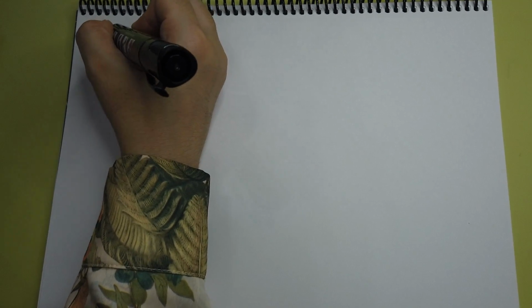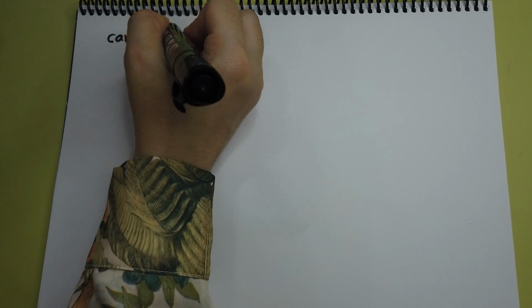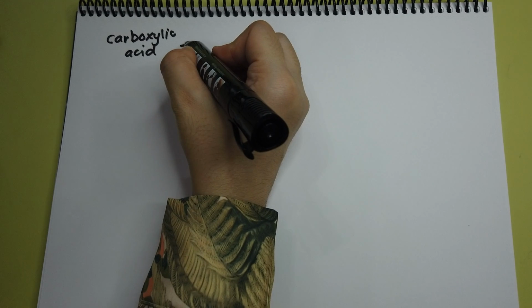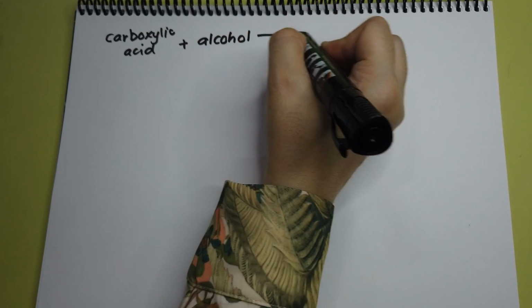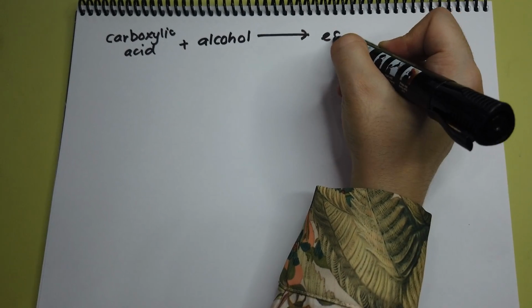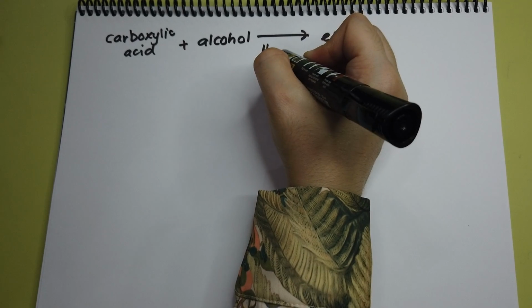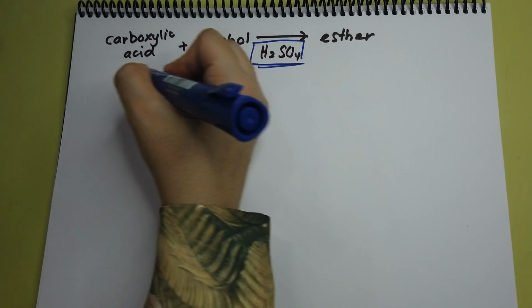As I explained just now, for esterification you need a carboxylic acid, and then you add alcohol. It will produce ester, but you need to add catalyst H2SO4.